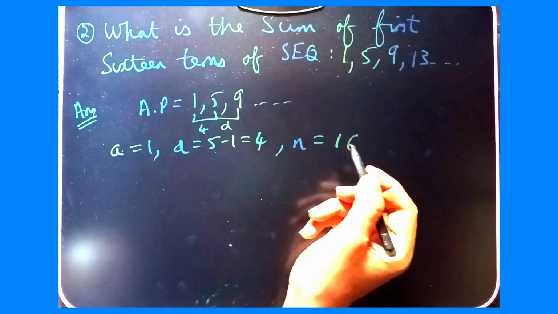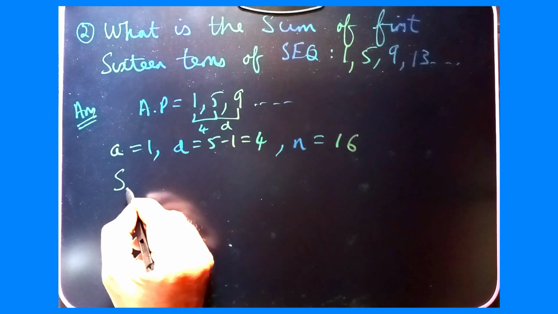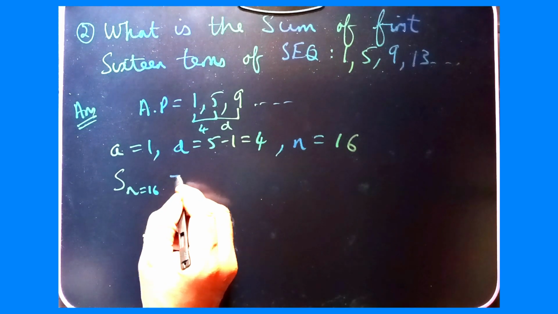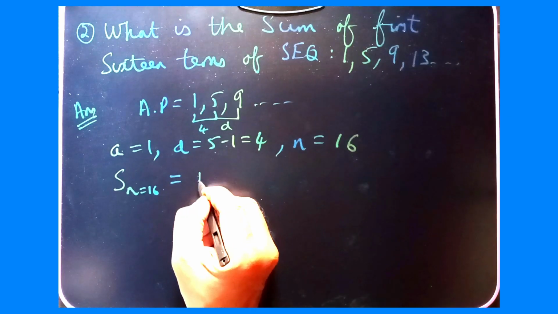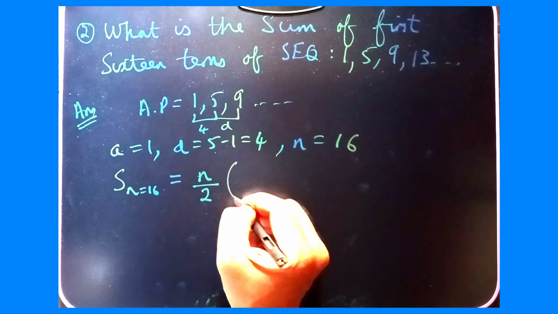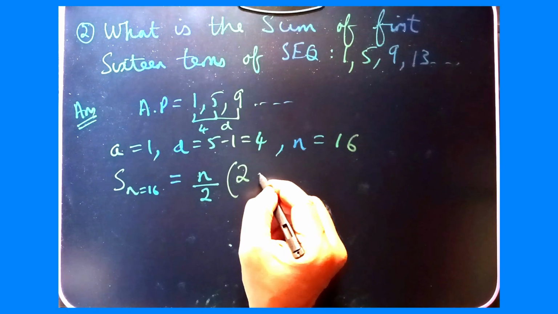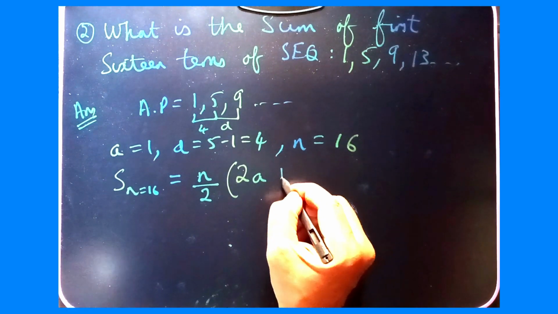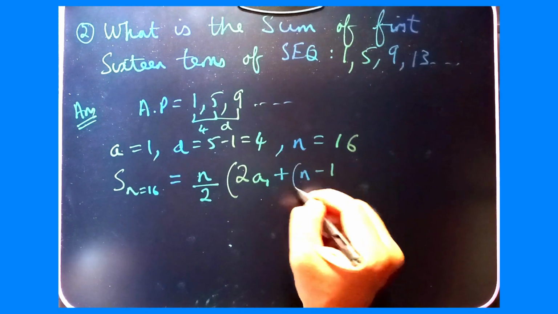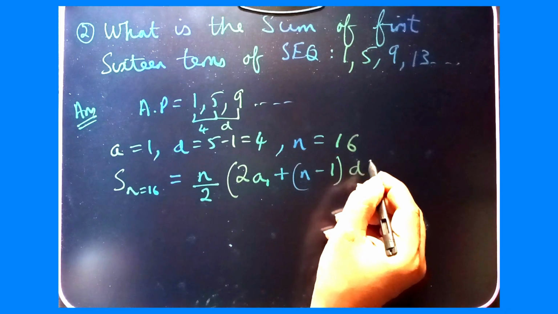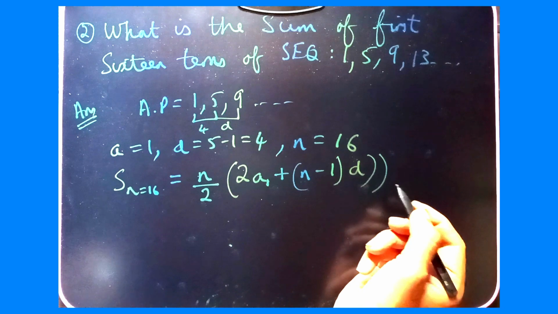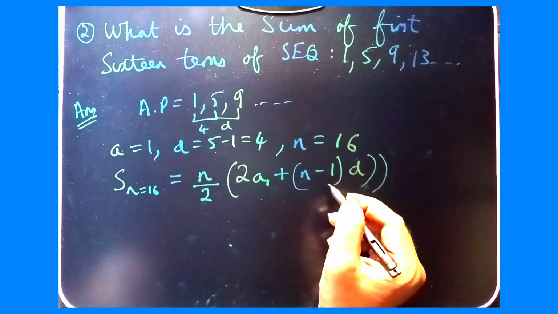So now can we use the formula? The formula is Sn, S16, equal to n by 2, 2a plus n minus 1 times d. We are going to use this other equation today. Here I'm going to use this equation because it doesn't have the last term as one of the parameters.